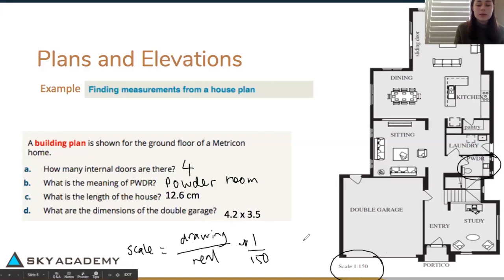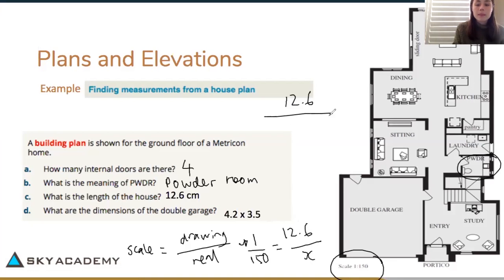Equals, on drawing was 12.6, and we're trying to find the real length of the house, which is X. So I'm going to take 12.6 over 1 on 150. So 12.6 over 1 on 150, and it will give us an answer of 1890 centimeters, and that equals the real length of the house.